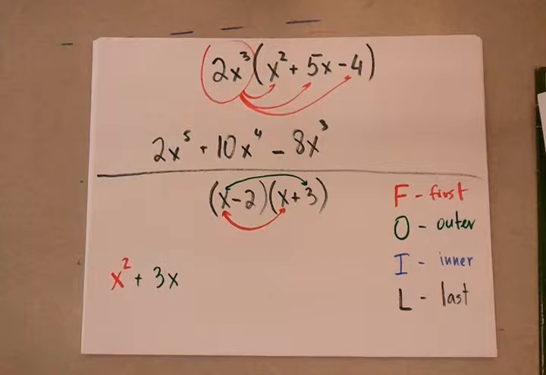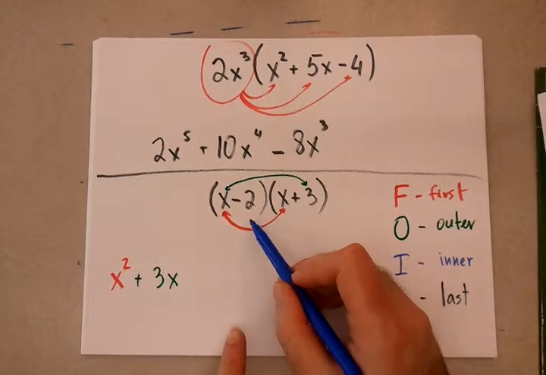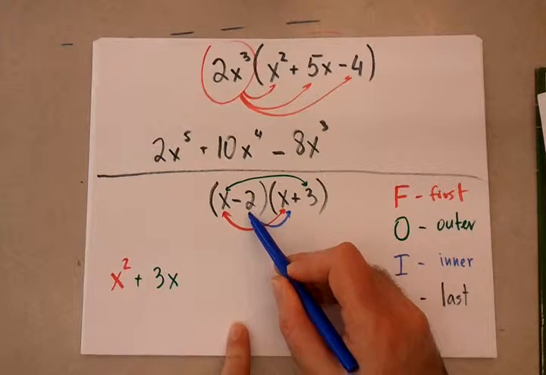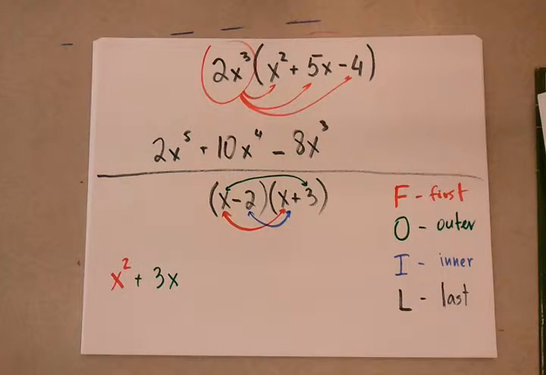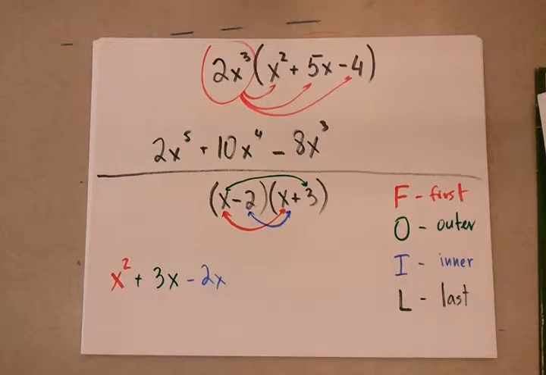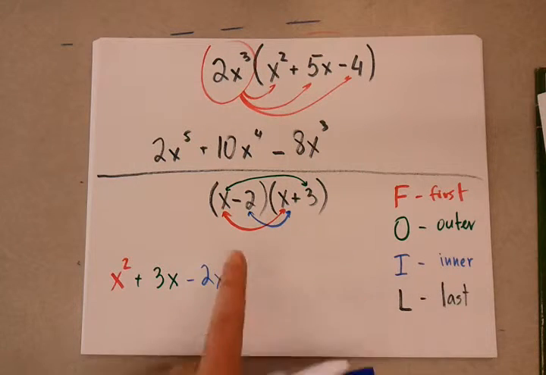Then we get to the inner part, and the inner part tells us to multiply the two inner monomials. The negative 2 and the x. Remember, it's not just the 2, it's a negative 2, and that gives us a negative 2x. And then the last tells us to multiply the last monomial in each polynomial.